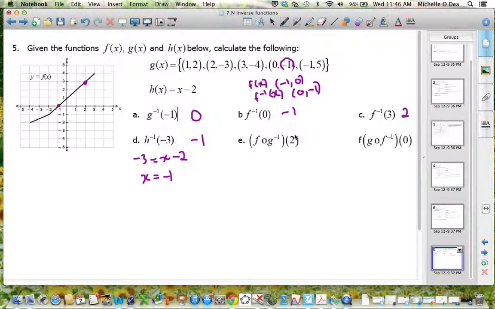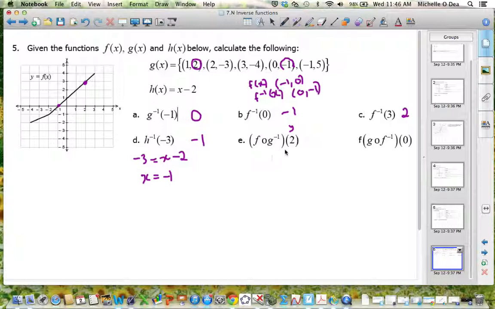Now it's getting trickier. We're doing some composite functions here. So you need to find what inverse g of 2 is. We go to our g function. Remember, this is the y coordinate in the original function. So where is it 2? We can see there it's 2.